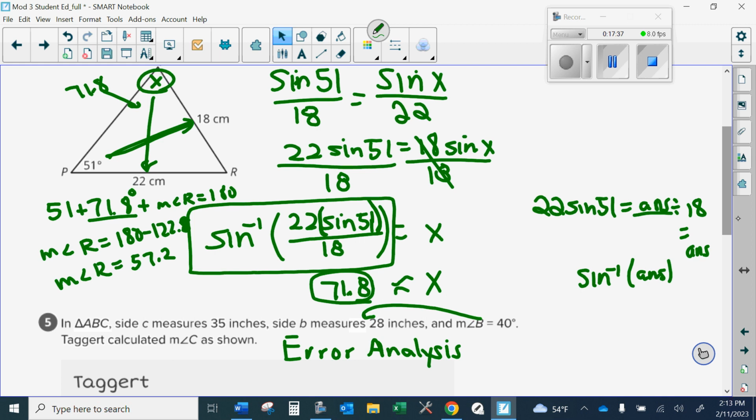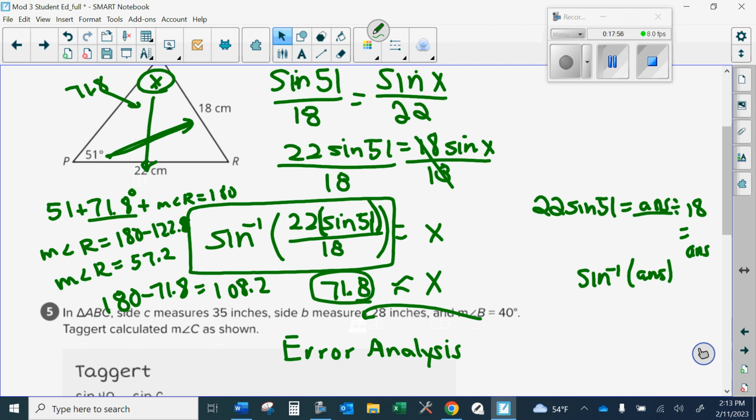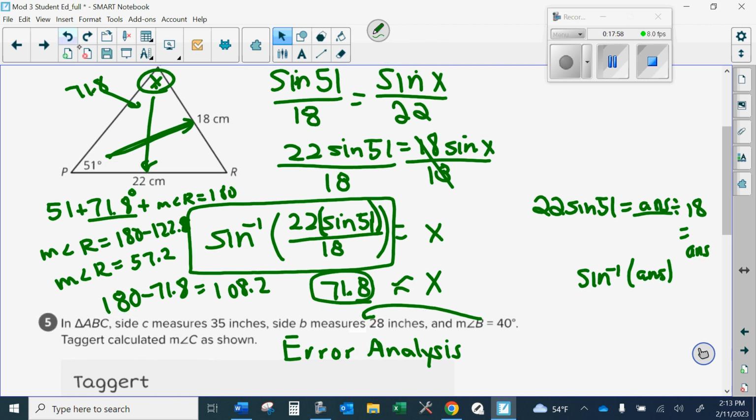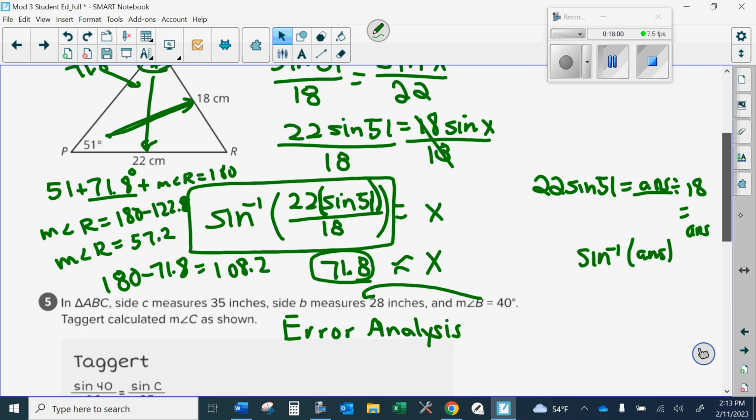Okay, or I could use 180 minus that 71.8 and get 108.2 for this angle here, angle Q. Right, is that Q up there? Dang it. That Q, yeah.